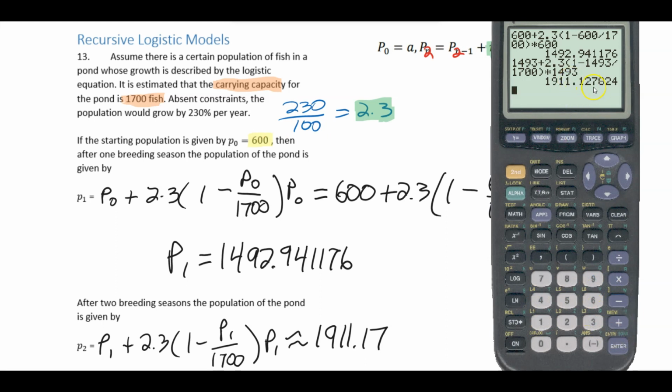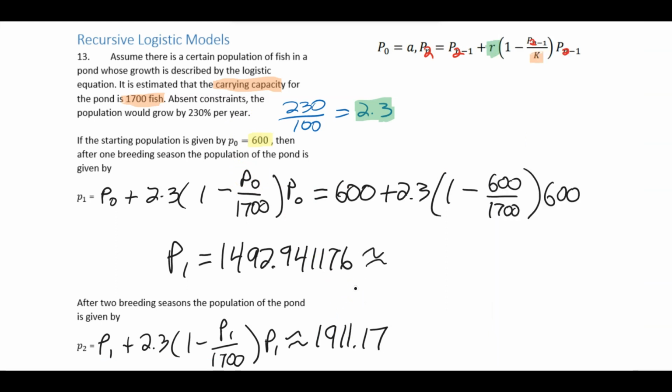It's not quite right. It's rounded off a little bit, but it's pretty close. So round to the nearest fish, I would be thinking approximately 1493 fish. And this would be approximately 1911 fish.